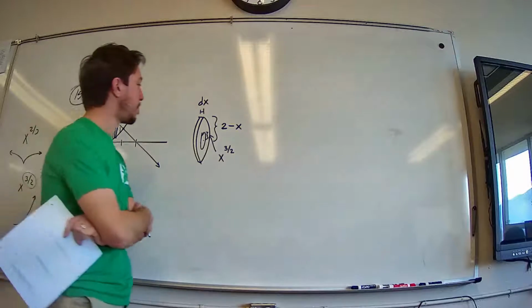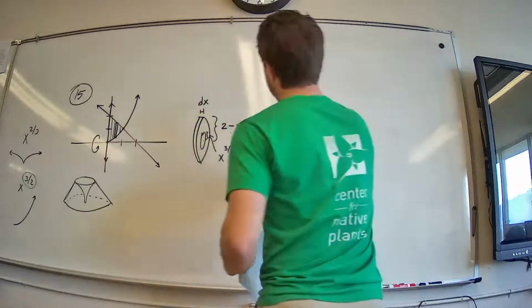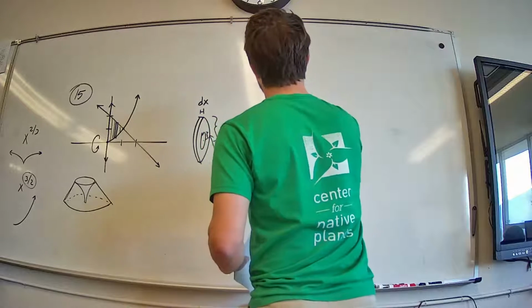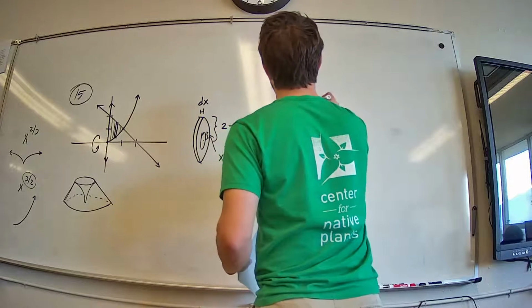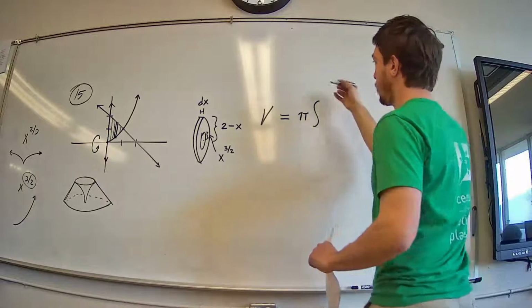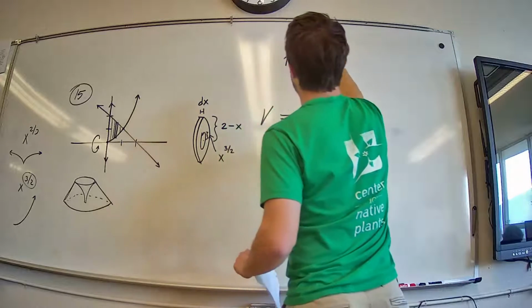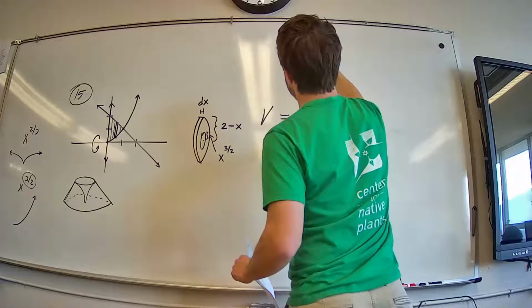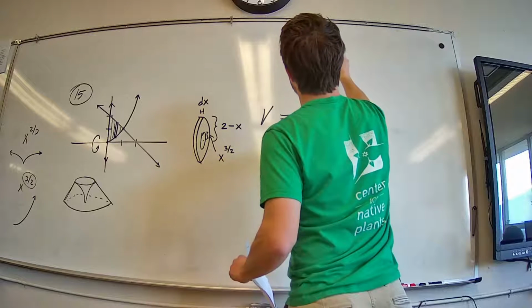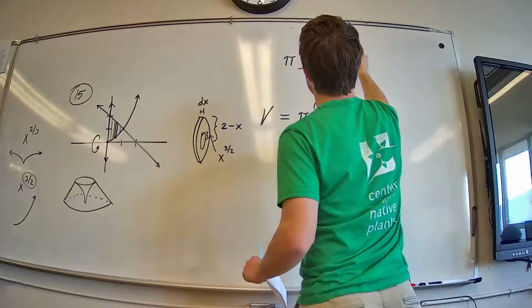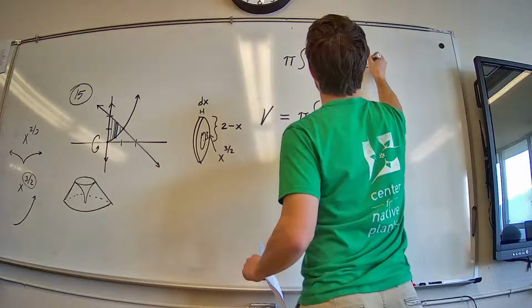Okay, so the volume would be, can we just go straight to pi? Yep, so pi times, the general idea is pi times, you can write it like this too, big radius squared minus small radius squared.